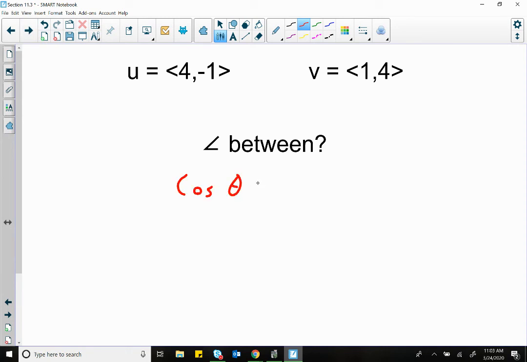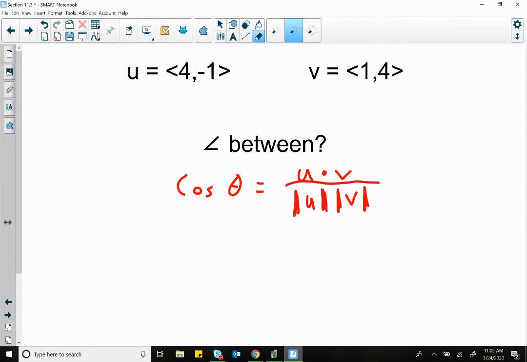Cosine theta is equal to the dot product divided by the magnitudes multiplied together. So to find the angle between, you're going to end up taking cosine inverse of that fraction. So this will help you find the angle that is between.